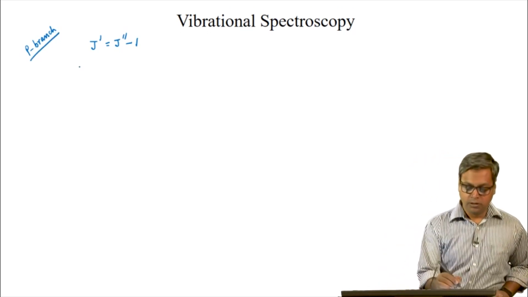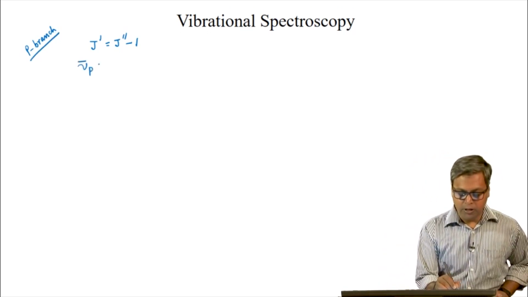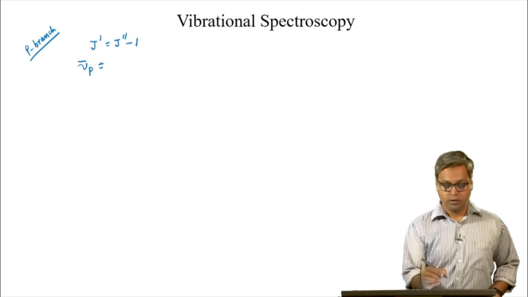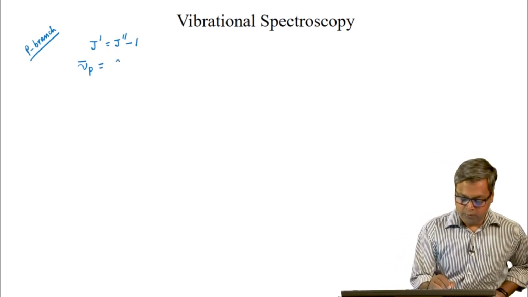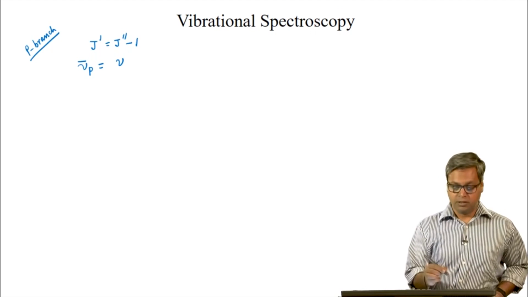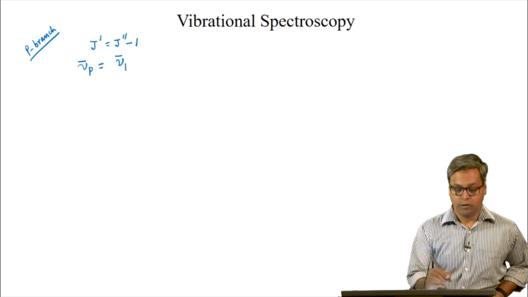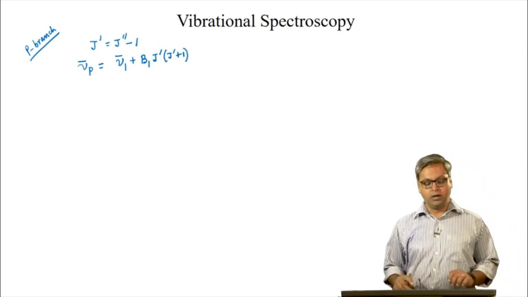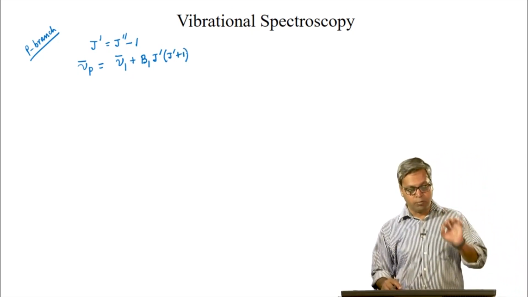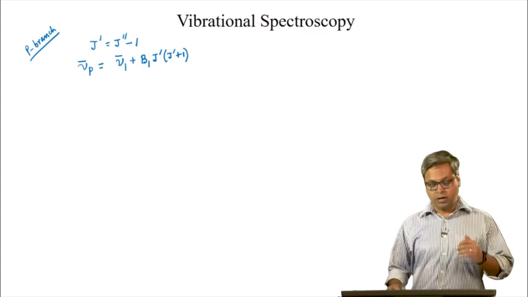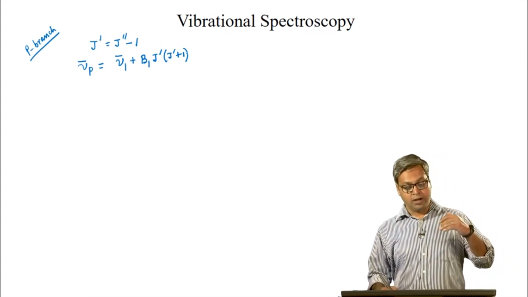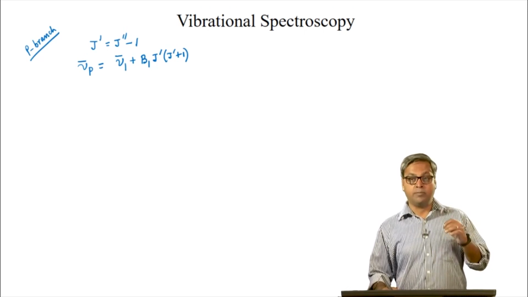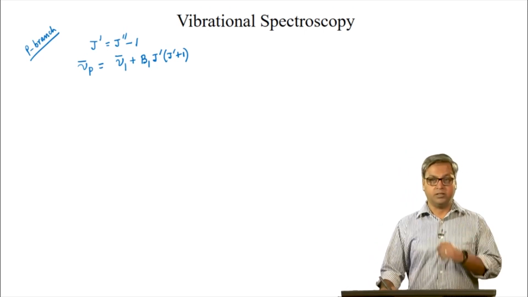So, we can write nu bar P equals, so the energy for the excited state, that is nu bar 1 plus B 1 J prime times J prime plus 1. So, here the double prime denotes the initial state, and the single prime, that is J prime, denotes the final state.